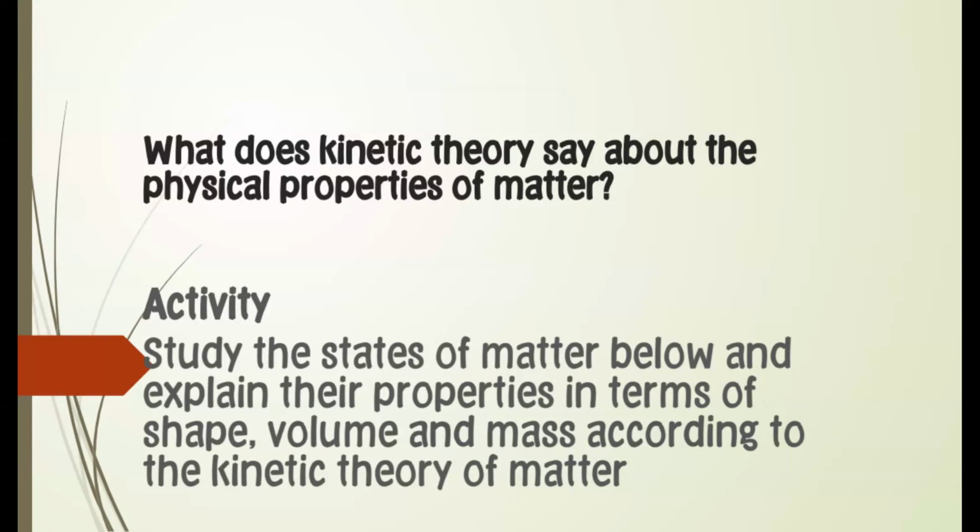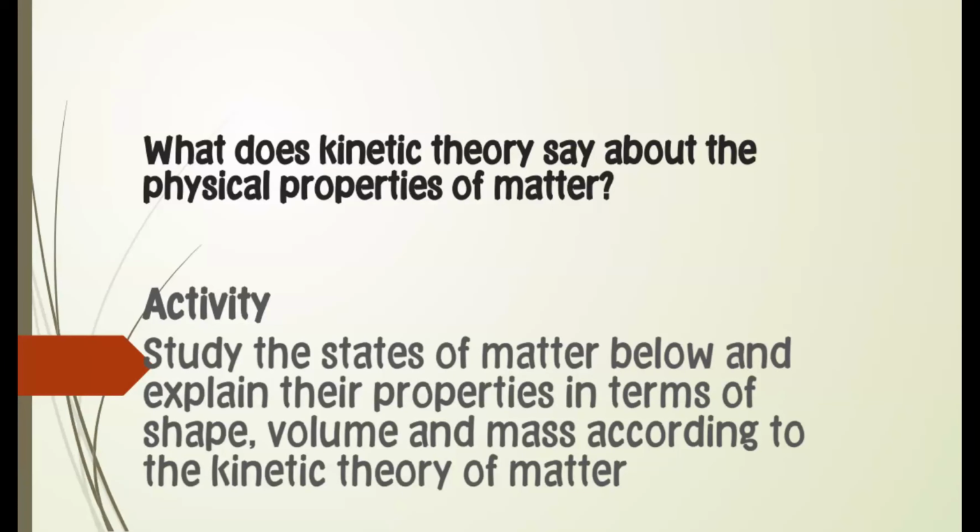So we have stated our kinetic theory, and now we are going to do the activity that you see. They have told us in the activity that we study the states of matter below and explain their properties in terms of shape, volume, and mass according to the kinetic theory of matter.